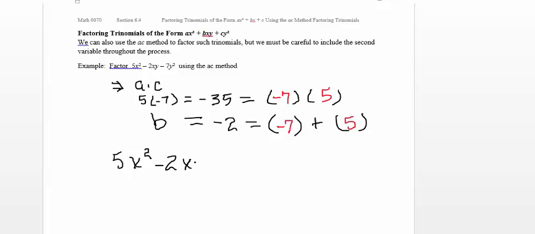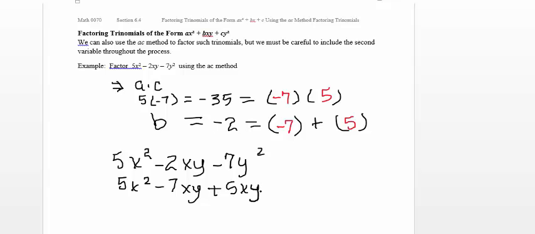So instead of writing 5x squared minus 2xy minus 7y squared, we would write 5x squared minus 7xy. So notice the two integers I found are my coefficients. The variables remain as they were on the middle term before you factored it.